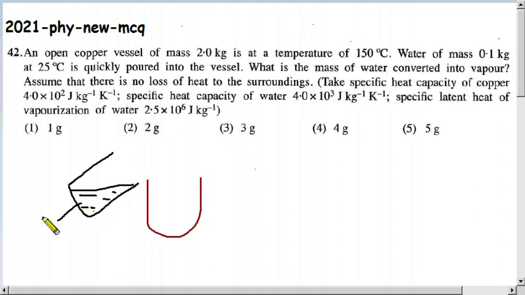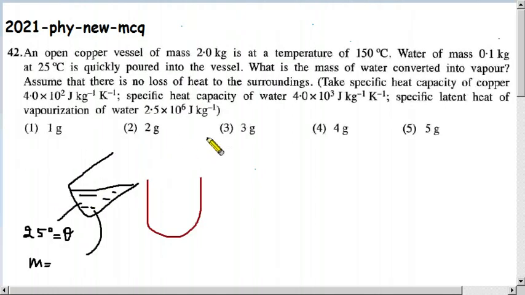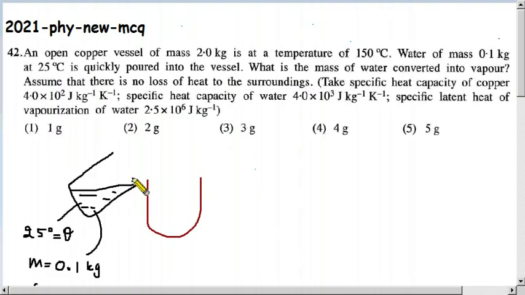The temperature of this water is 25, that is theta, and the mass is 0.1 kilogram. Specific heat capacity is given as 4000, not 4200 as we usually use. Remember, otherwise you get confused and get the wrong answer.